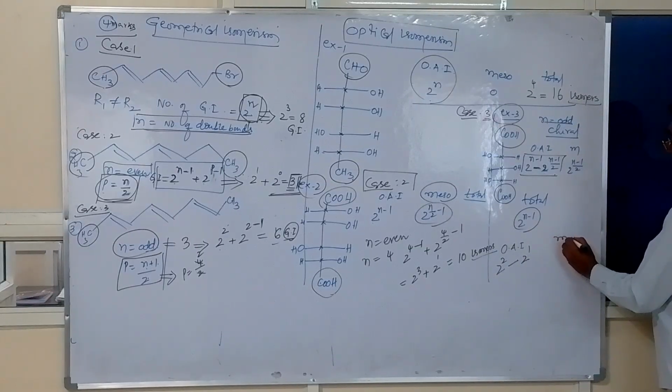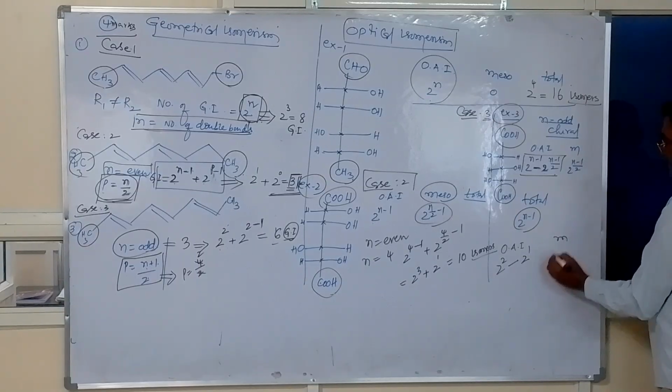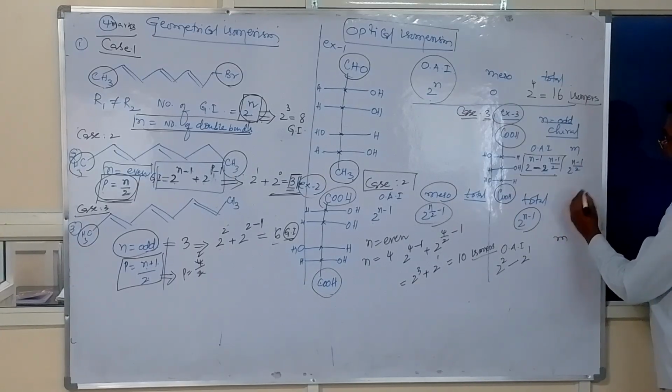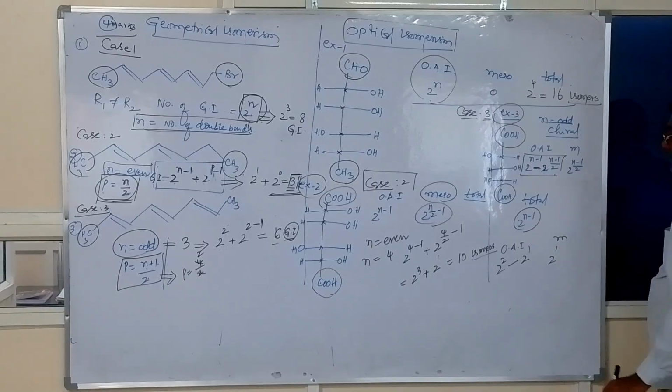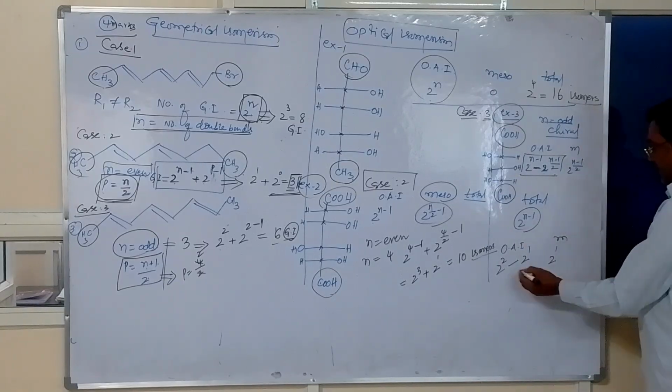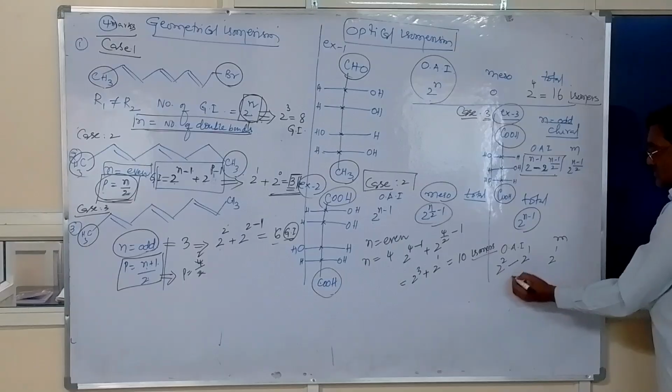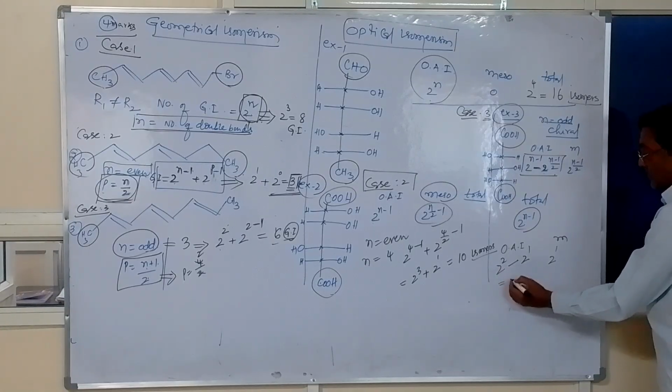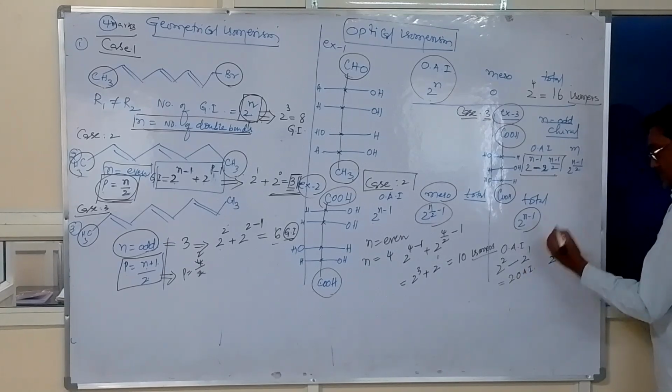And meso isomers are 2 to the power 3 minus 1 by 2, that is 2 to the power 1. Now let us verify this. 4 minus 2 means 2 optically active isomers are possible.